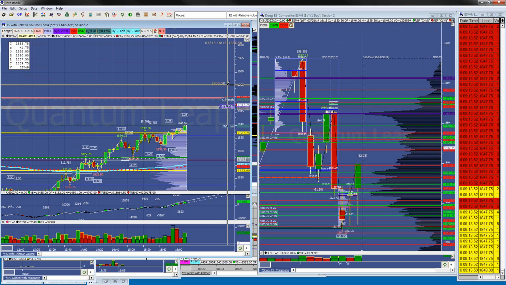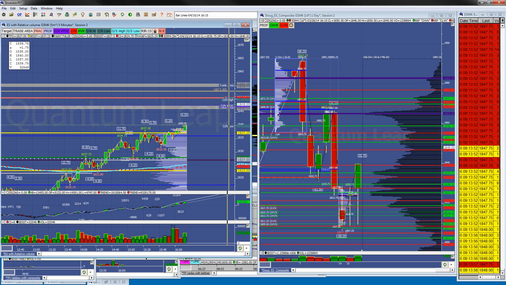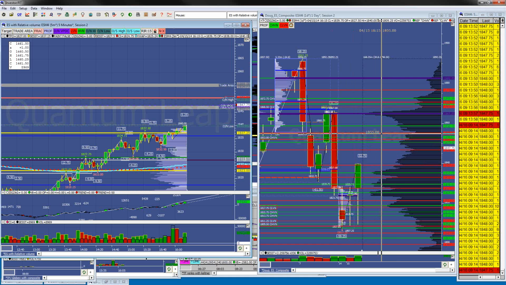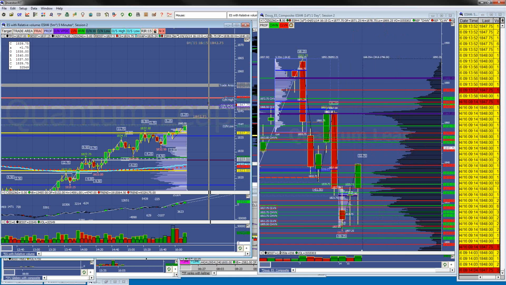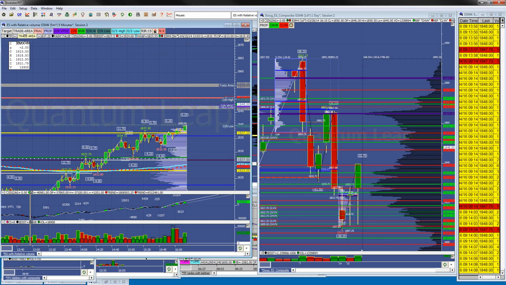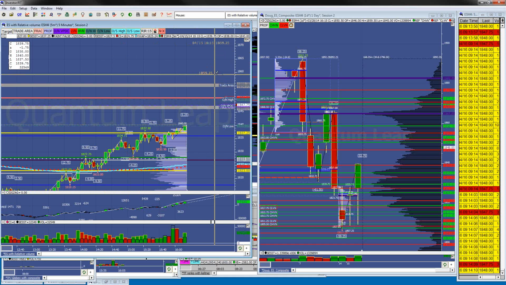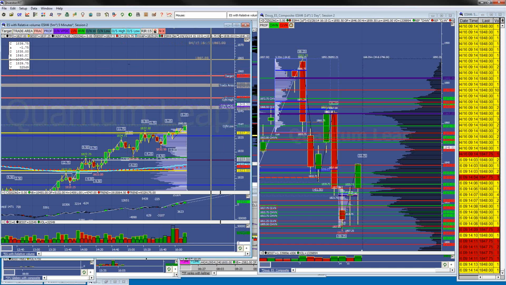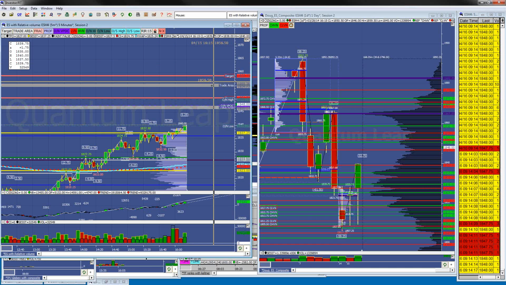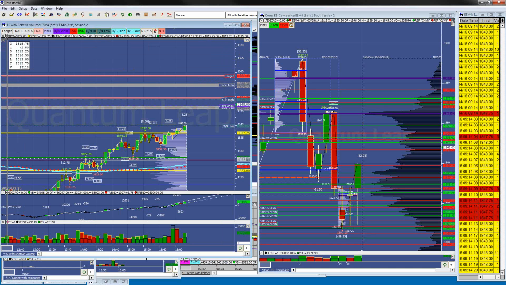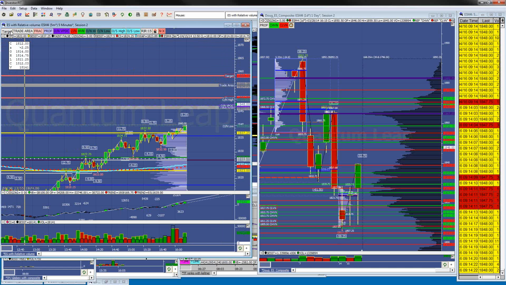Now, above 55.25, then you're looking for a rotation up to the 58.75, with the secondary target at 62, our full session ATR 20-day target at 62.25.